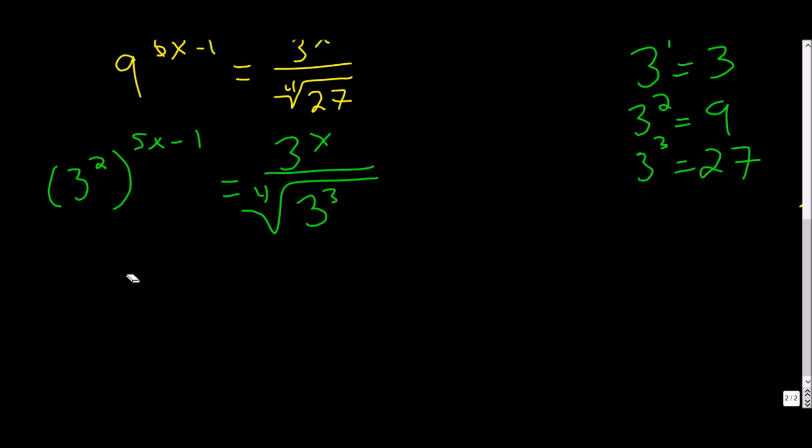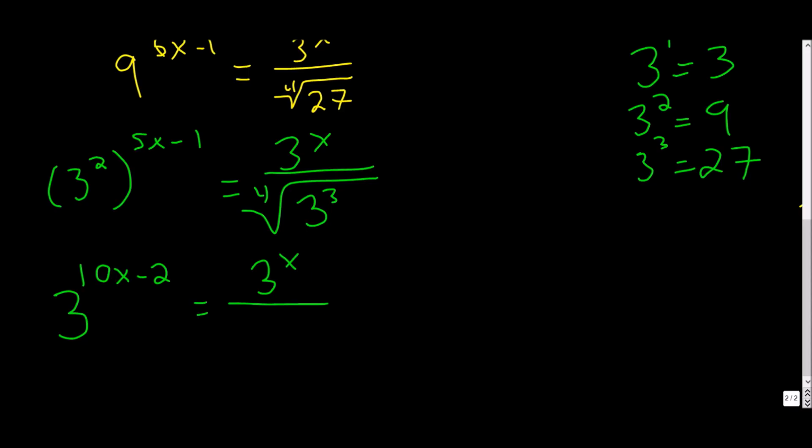So this is going to become 3 to the 2 times 5x minus 1. When we multiply the 2 by each of these, we get 10x minus 2. Now, on the other side, we have 3 to the x divided by, well, how do we write the fourth root of 3 cubed?